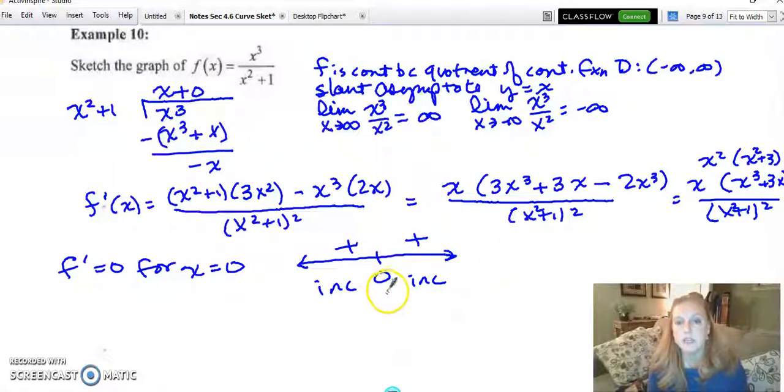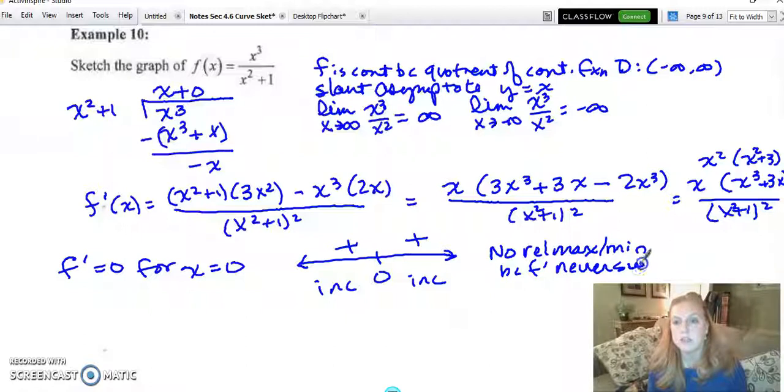So even though there is a horizontal tangent line at 0, there is not going to be an extrema there. So there is no relative max or mins on this graph because f prime never switches signs. All right, so that's number one.